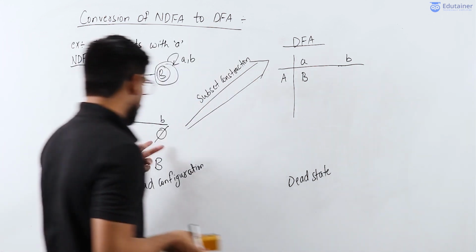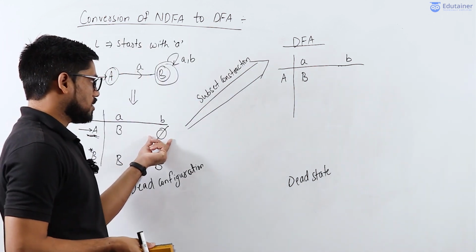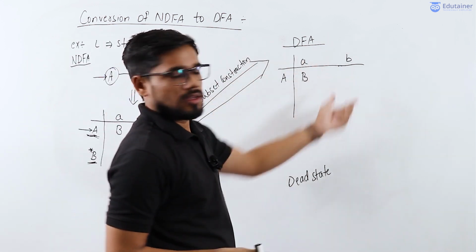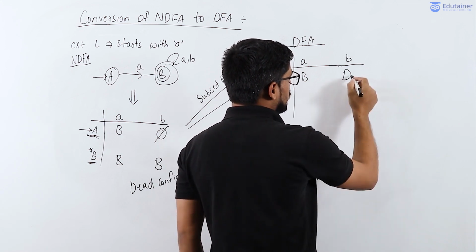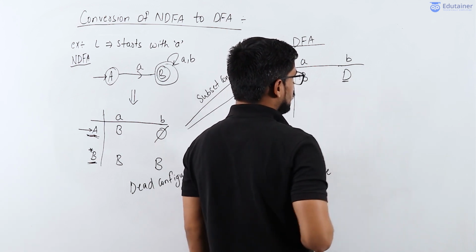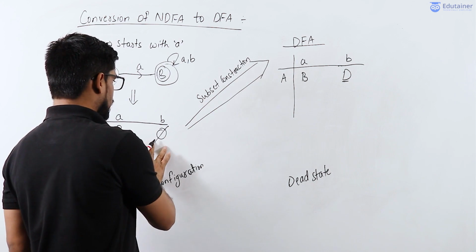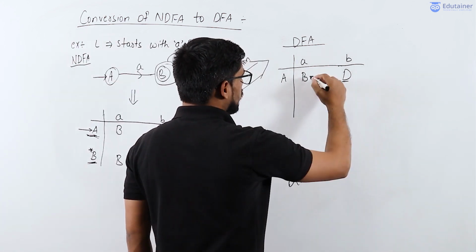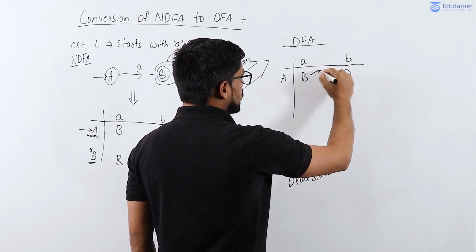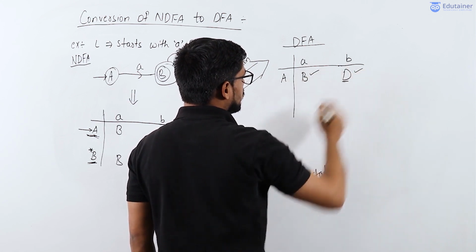So here dead configuration is converted to dead state. Let's call the dead state D. So assume that D is our dead state, which in the previous transition table was the dead configuration. Now I will cover state B and state D in separate rows.